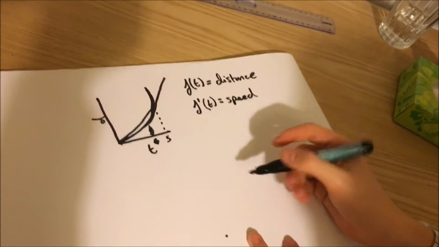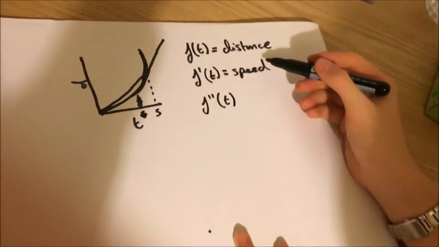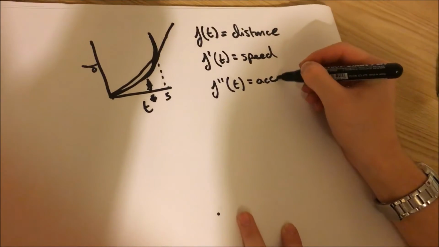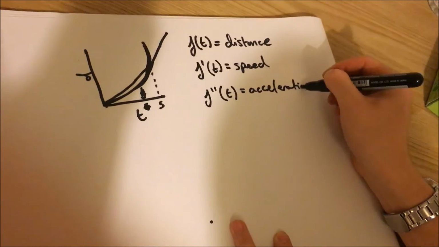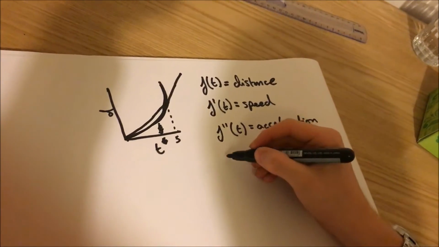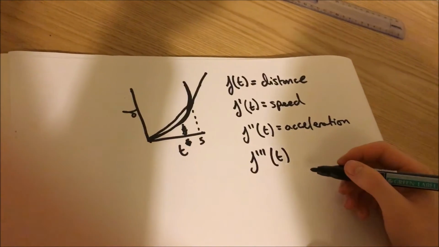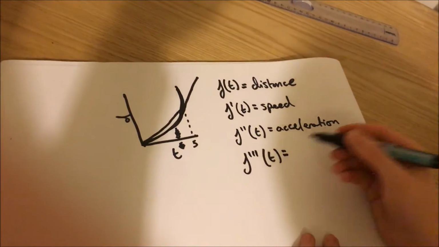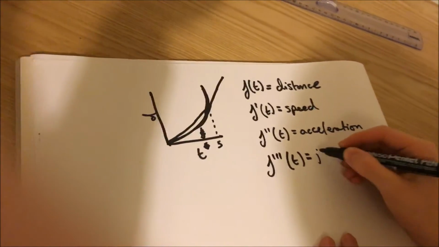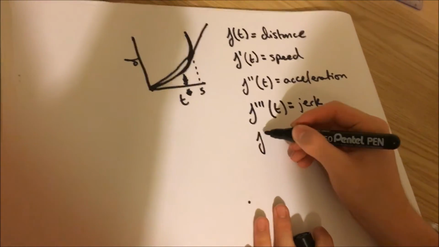And then we add another tick to mean the second derivative, which means the rate of change of the speed, which is the acceleration. I probably spelt that wrong. Then we can have a third tick, the third derivative, which would be equal to the rate of change of acceleration, or the jerk. Then you can have a fourth derivative.